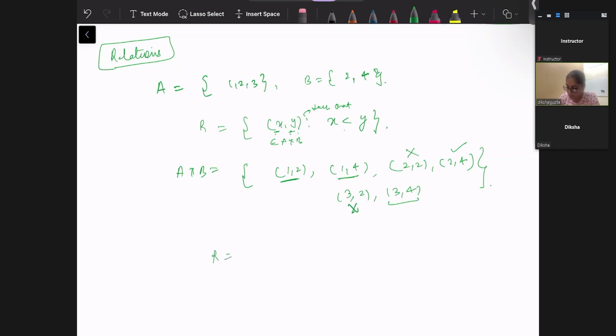So our relation will only have 1 comma 2, 1 comma 4, 2 comma 4, and 3 comma 4. So we have taken out a subset from A cross B such that the first element is somehow related to the second element of the ordered pairs in the subset. So this is a relation.